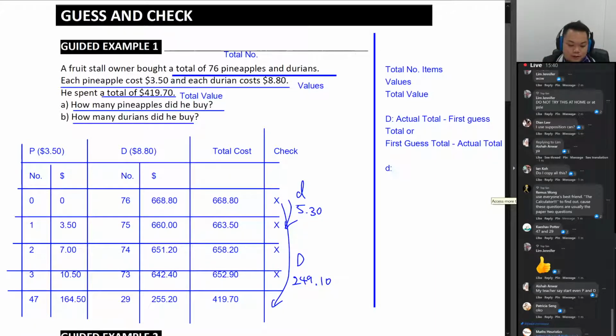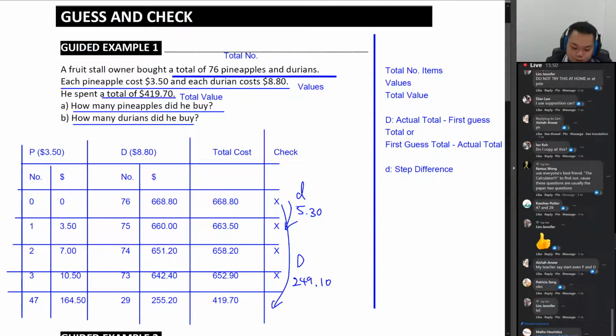So the small d over here is every step's difference. Every time you make one step movement over here, what's going to happen? What is the change that arises? Step or replacement difference. In supposition, you would use replacement.